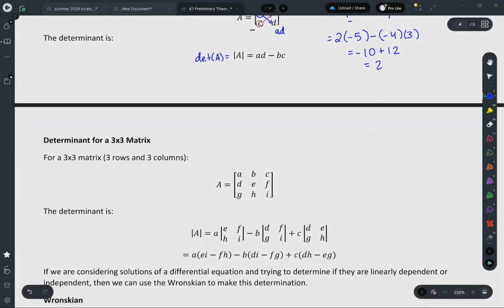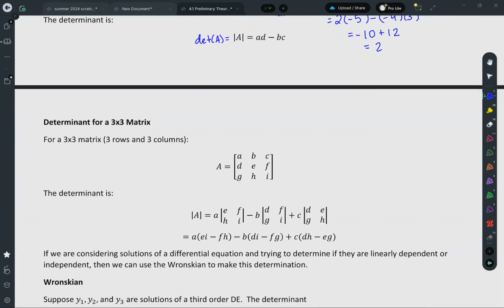So then we have to move up to the determinant for a 3 by 3 matrix. In a 3 by 3 matrix, we have 3 rows and 3 columns. The determinant that we calculate here requires that we break down the 3 by 3 determinant into a sum and difference of 3 2 by 2 determinants. We start at the first row, first column with A, and we isolate the column and row that A is in.